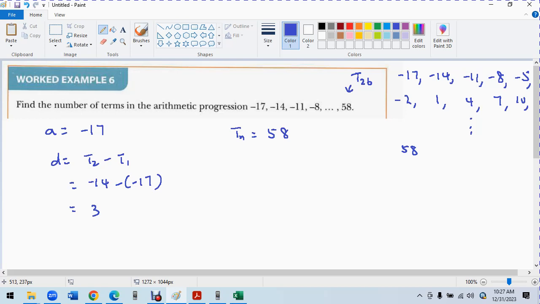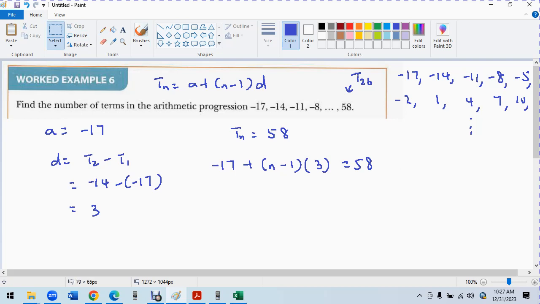So Tn is what? We know that Tn is a plus n minus 1 times d. So a is -17, n minus 1 times d is 3, is equal to 58. Some students may like to expand this one to find the value of n. But normally I don't do that. I will do it this way. I move -17 to the other side.